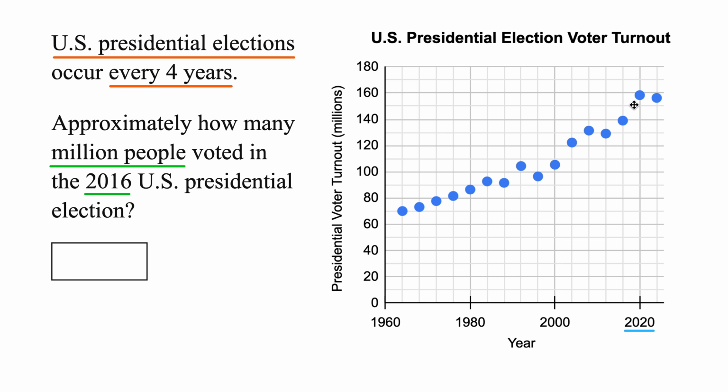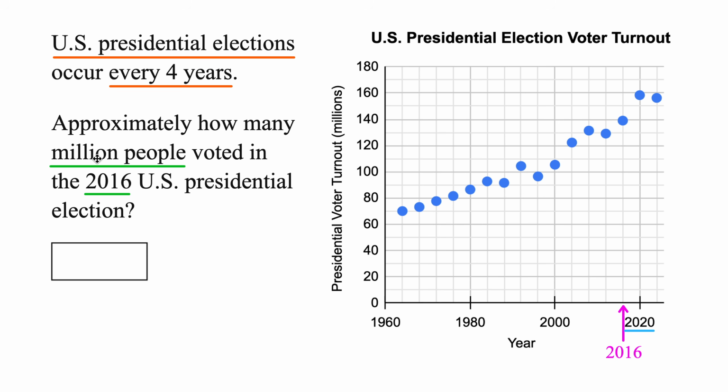So going back, this had to be 2016 because that's 4 years before 2020. So therefore right here, let's go ahead and label that. Another way to do it is you could just go by 4s, right? There's an election in 2000, 2004, 8, 12, 16. So either way we look at it, this one is the 2016 election.